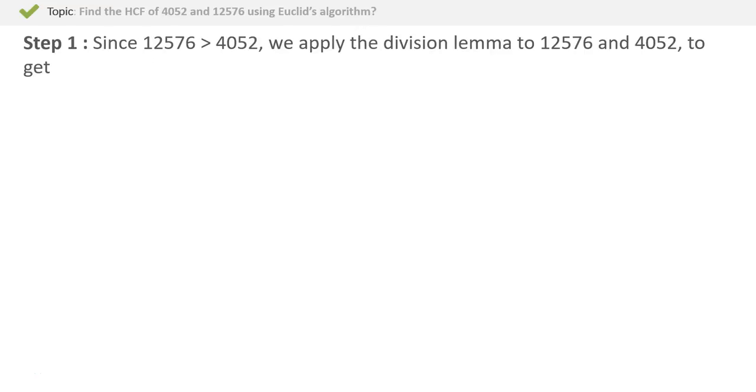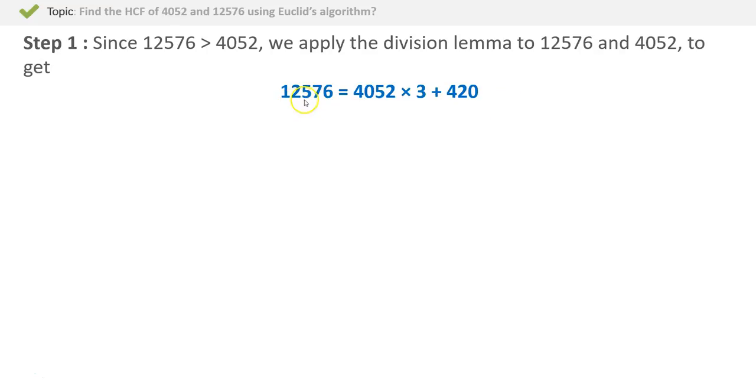Step 1: we first identify which number is greater, and we can easily say 12576 is greater than 4052, and hence we will apply the division lemma or algorithm to 12576 and 4052 to get 12576 represented as the smaller number as divisor multiplied by some quotient and whatever is left as remainder.